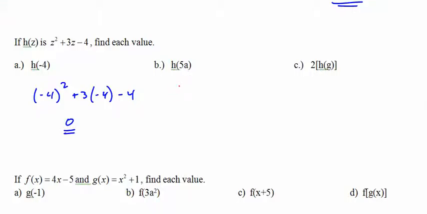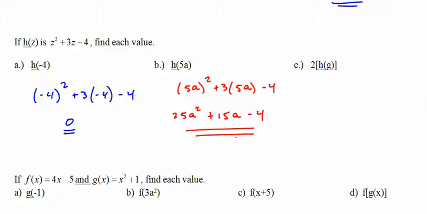H of 5a is 5a squared plus 3 times 5a minus 4. 5a squared is 25a squared. That's challenging the first few times you see it, but get good at it. You square everything inside the parentheses. Done. It can't be simplified, and nobody asked you to factor it since it's not set equal to anything.